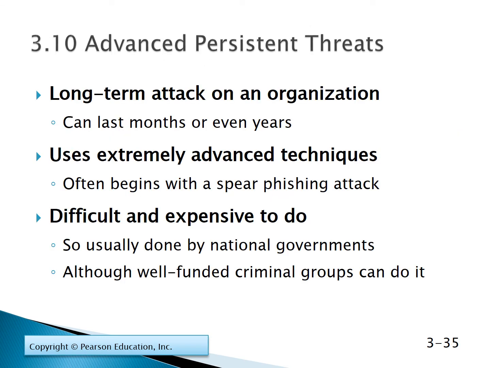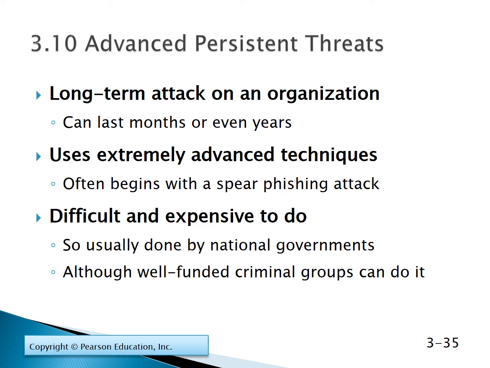So there are many persistent threats to network security. There are long-term attacks on an organization that can last for months or even years. Some hacker groups just target a specific organization and keep on attacking. Of course, financial institutions like banks face potential security threats every day. Hackers are trying to hack into bank systems every day.